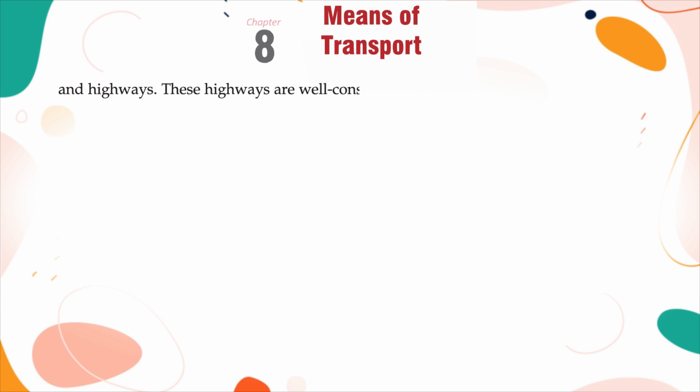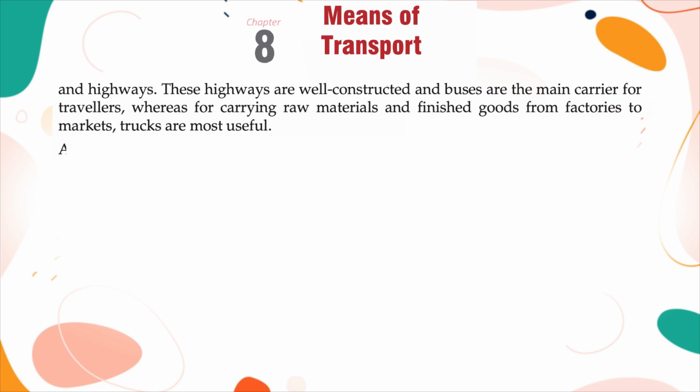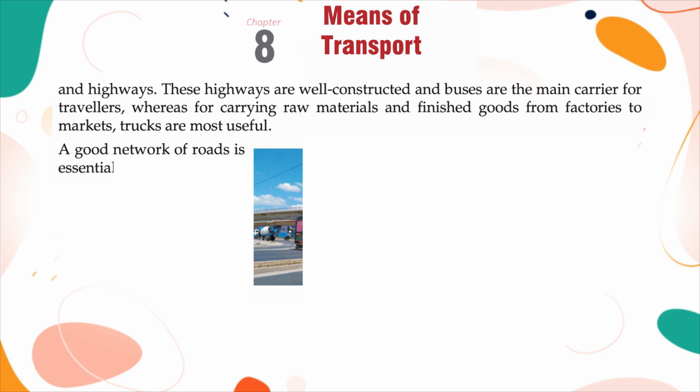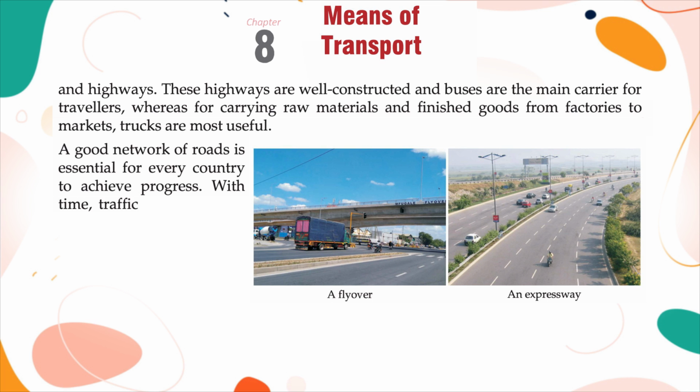These highways are well constructed, and buses are the main carrier for travelers, whereas for carrying raw materials and finished goods from factories to markets, trucks are most useful. A good network of roads is essential for every country to achieve progress. With time, traffic has intensified in all places.